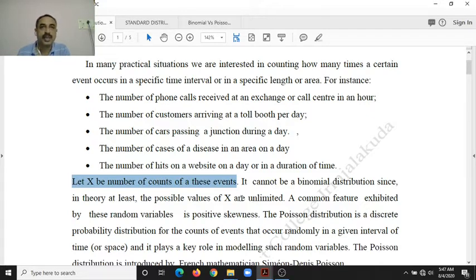But theoretically, the values are treated as unlimited. Practically, there may be some fixed value or some finite value for the variable x.